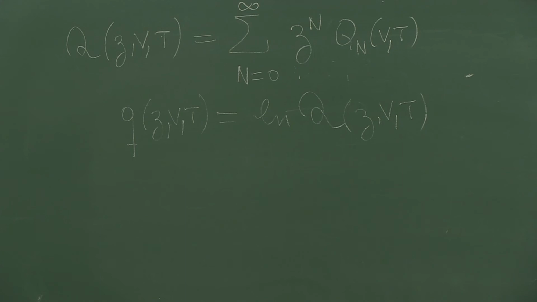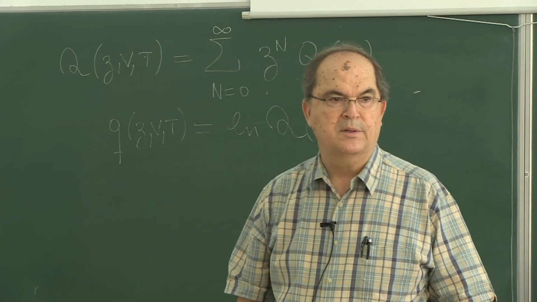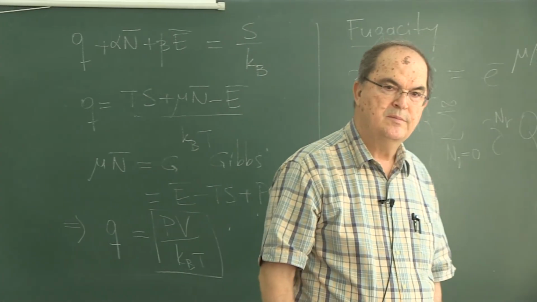Now, of course, this looks like an added complication, and it is easier to do things in the canonical ensemble, but you will see that the grand canonical ensemble will be easier if you are dealing with quantum statistics and if there are interactions between particles. Okay? So that's where you get the most out of the grand canonical ensemble, as we are going to do for the quantum systems.